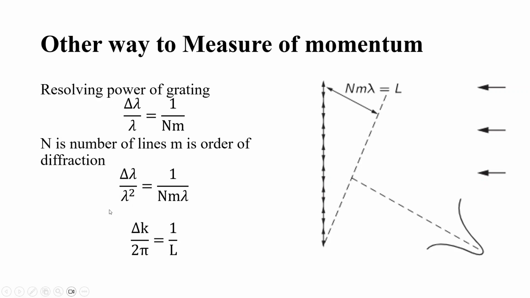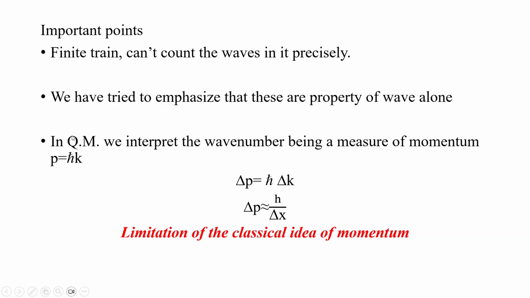We get this equation over here. Further, if we modify it, we get delta k by 2m equals 1 by L, where L equals nm lambda. Now an important point is that a finite train can't count the waves in it precisely.